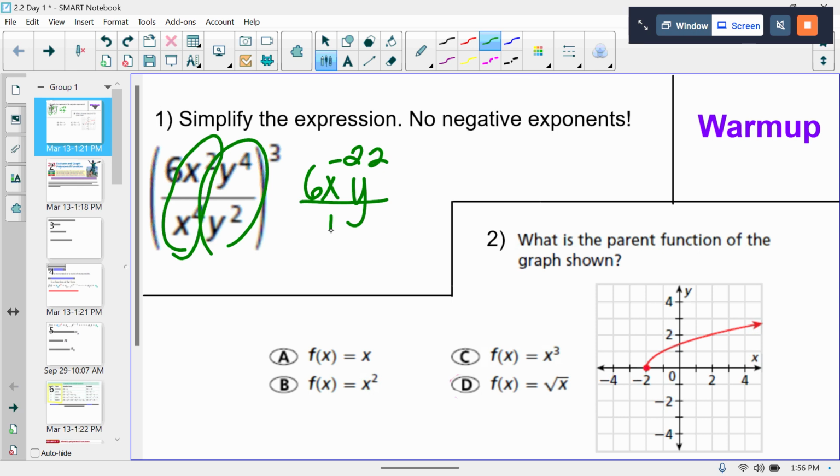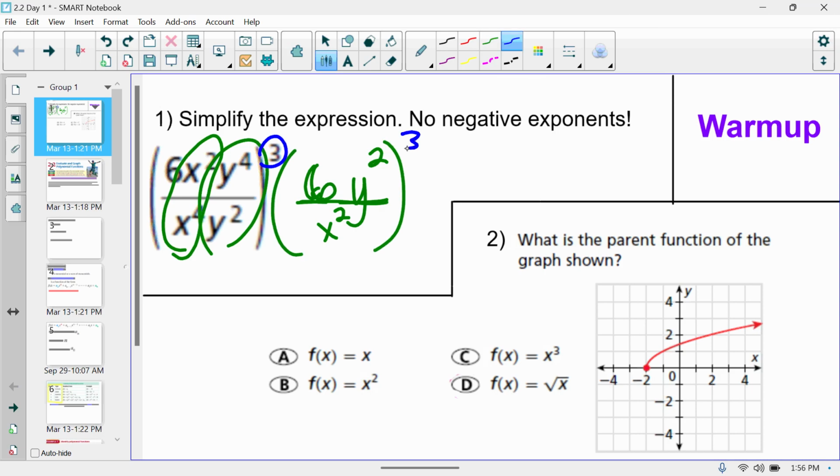So right now it's kind of like this, okay? But the x to the negative second, we're going to use the rule where we flip it. So that's actually going to end up coming down to the denominator, so you can make it x to the positive second, okay?